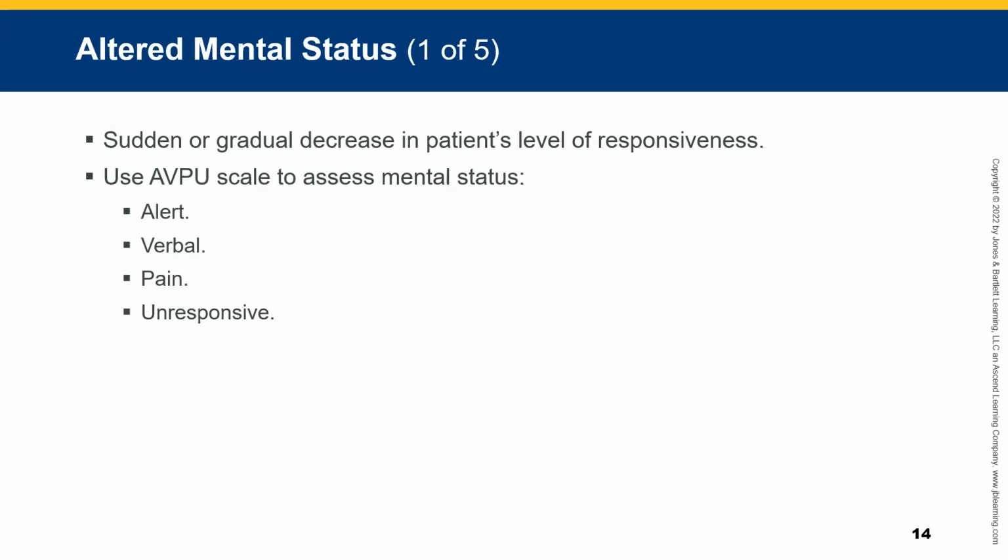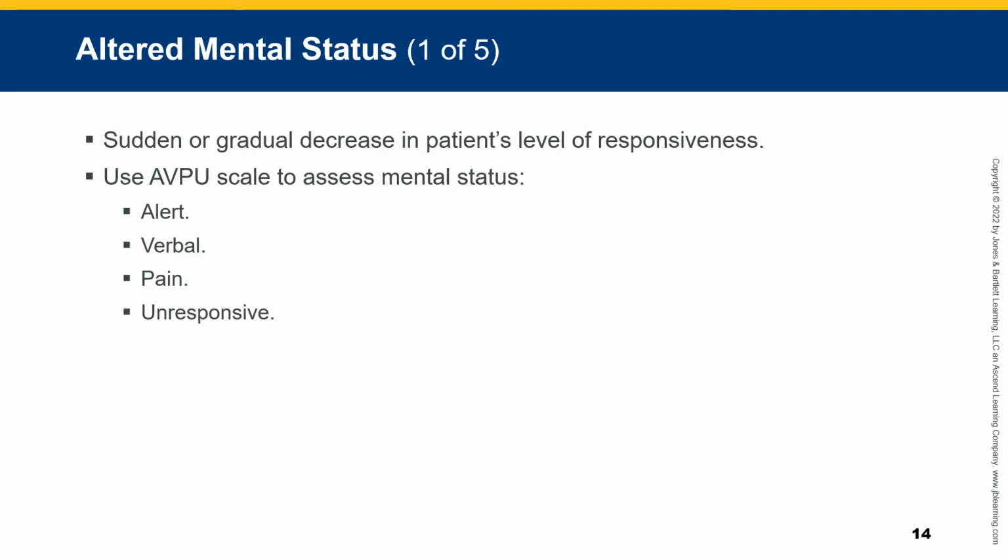V means the person is responsive to verbal stimuli and or will react to loud noises. So they may not be able to be fully alert and know exactly where they are, etc., but they are responsive to verbal stimuli.